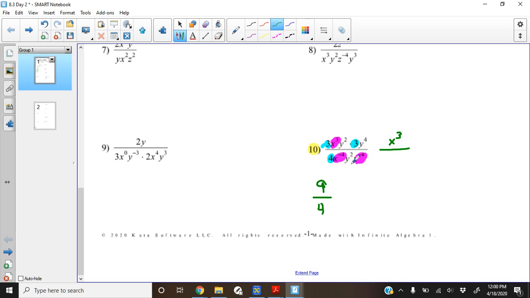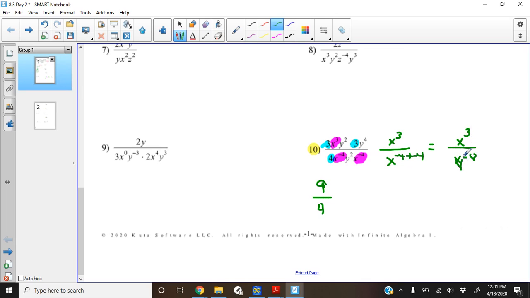And then what happens when we multiply exponents? We add. So we keep the base, which was x, and we add the exponents. So negative 4 plus negative 4 gave us negative 8. So x to the negative 8 is in our denominator, and x to the third is in our numerator.